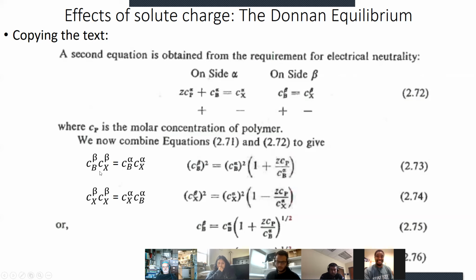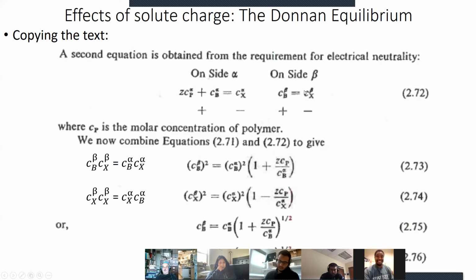Because CB is equal to CX, and that equation was written as CBCX, I can substitute for CX and put in a CB. And so I end up on the left with CB in the beta phase squared.